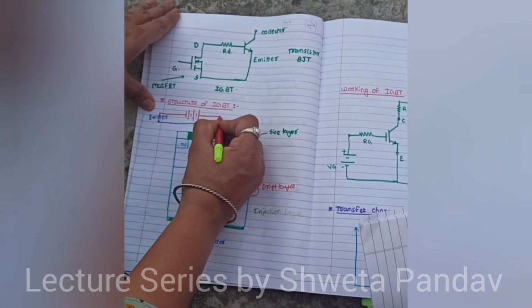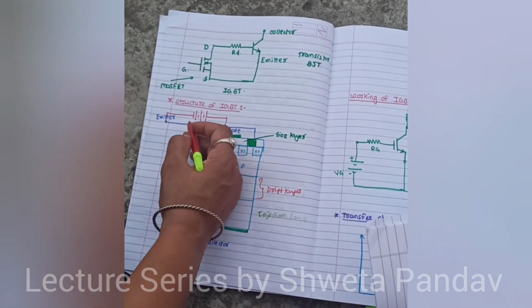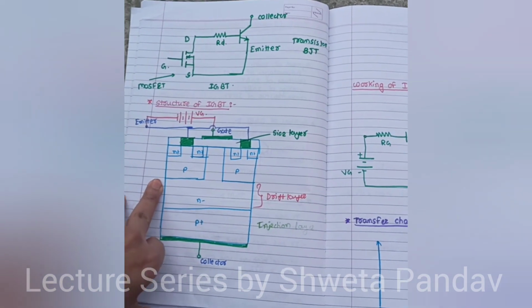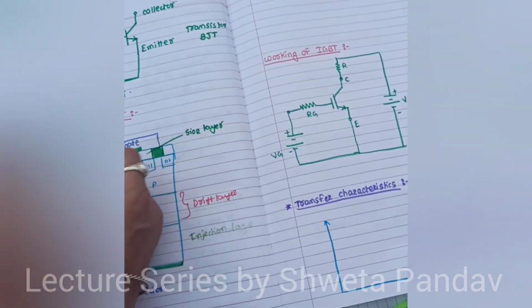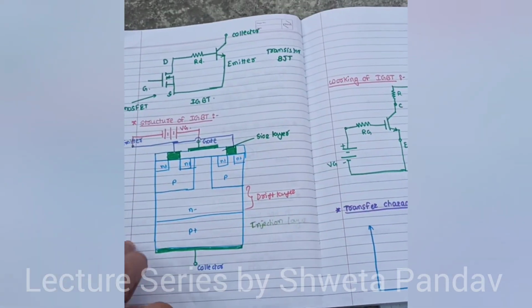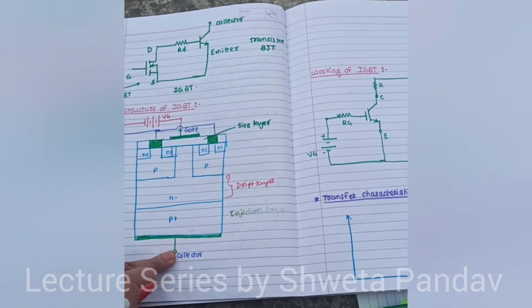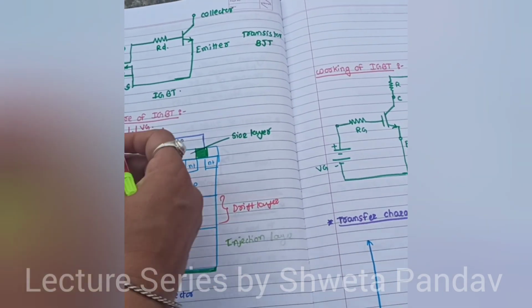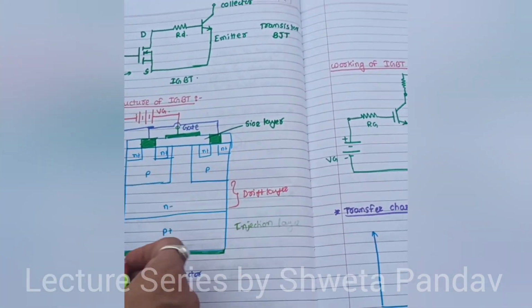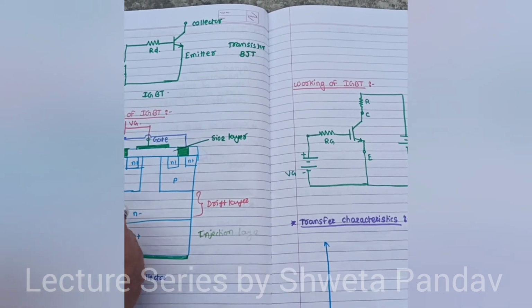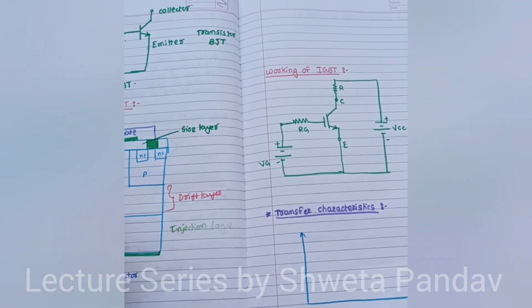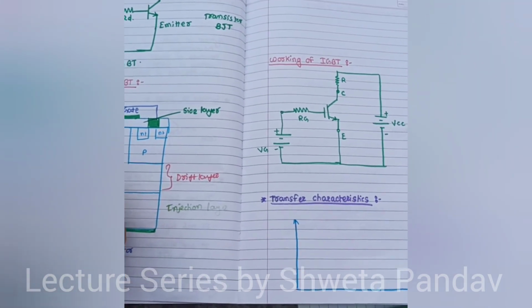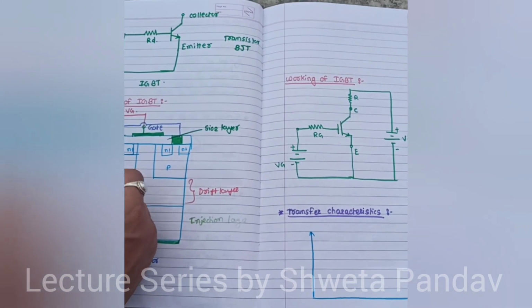Suppose this voltage is called VG. Then between emitter and collector we also connect one battery, where the emitter is connected to the negative terminal of the battery and the collector is connected to the positive terminal. Suppose this is our VCC.